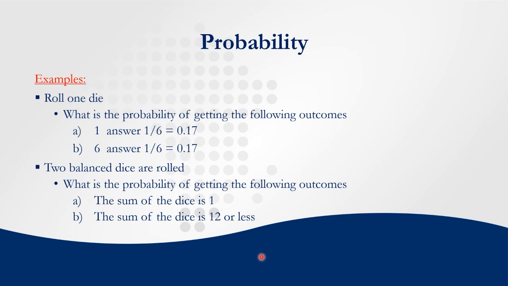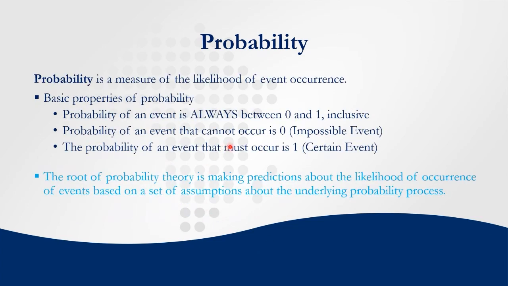Then if we go to the B part, I've already said the correct answer is the one by anonymous. The probability that the sum is 12 or less is 1. Because remember, we said that when an event can occur with certainty, then that probability is going to be what? 1.